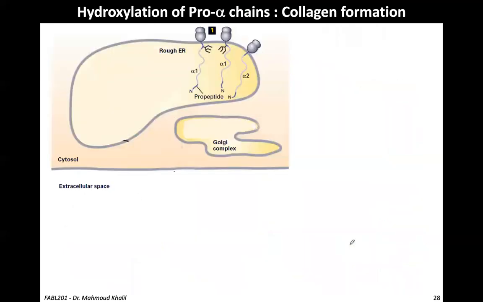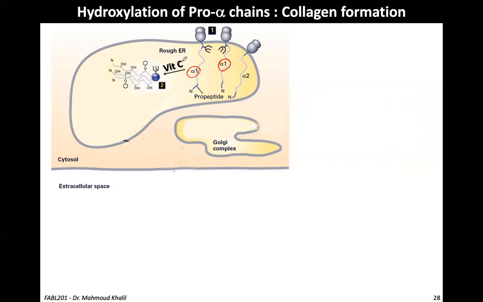So the second modification we'll understand today is called the hydroxylation of the protein that participates in the formation of collagen fiber. Initially, the pro-alpha chains, alpha 1 chains, proteins of the collagen fiber are translated, of course, into the rough endoplasmic reticulum.